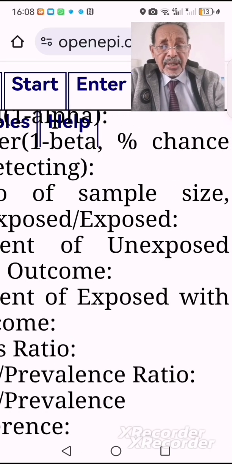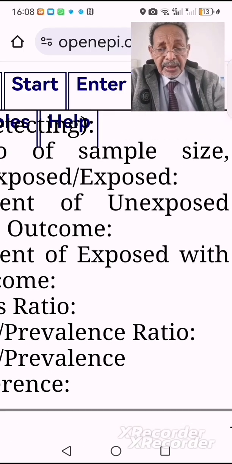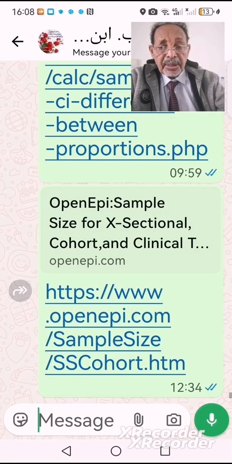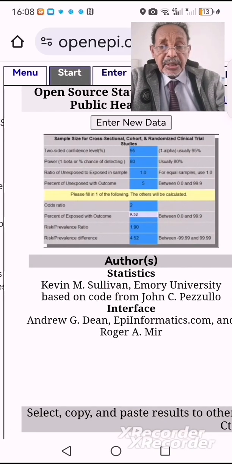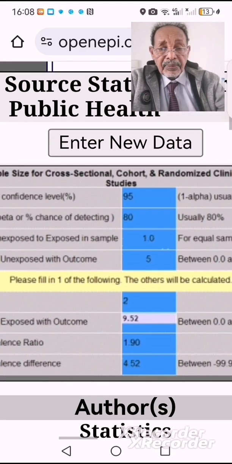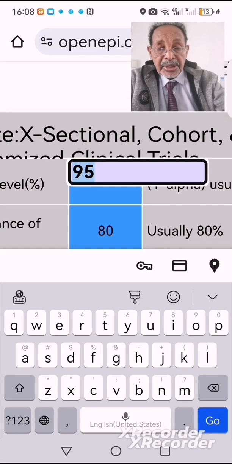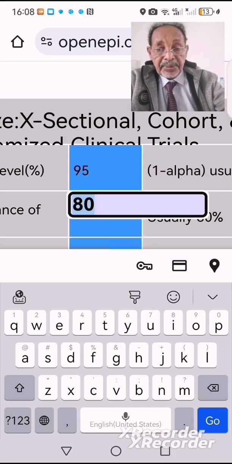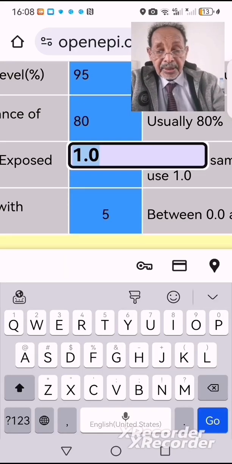Let us try in this same calculator and see if we can use the same group, but we use it in 2:1. And this is it. And here, enter new data. We said confidence 95% and the power 80%, and the group 2:1.